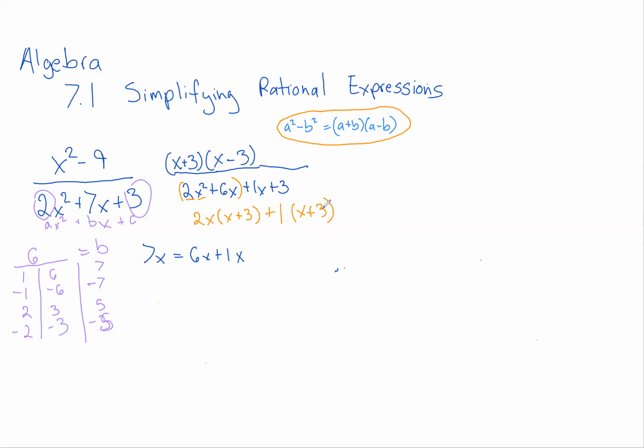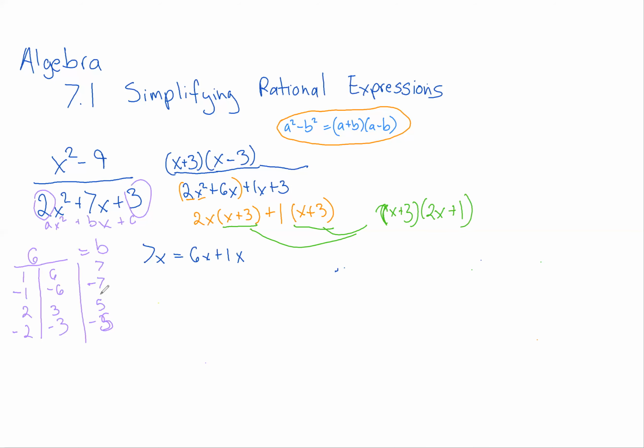Now I can factor this x plus 3 from each thing, so I pull it out to the side. So I've got x plus 3. I've taken it from this first term because they're being multiplied together, and because they're being multiplied together, I can divide it out. So what I'm left with is 2x for my first term plus 1.